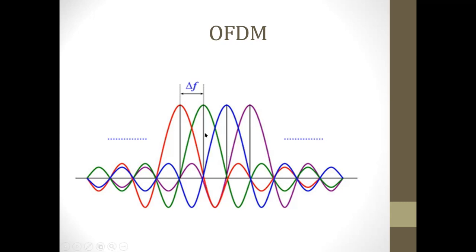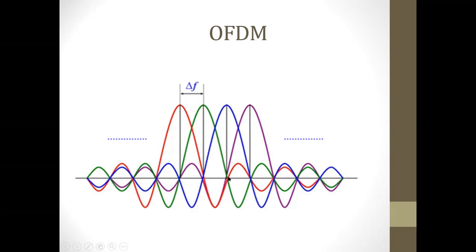But these subcarrier frequencies are related in a way that the energy from all transmissions on all other subcarriers becomes zero at the subcarrier frequency. And that is true for all of them. Take any example, say the green one takes on a zero value at this subcarrier.